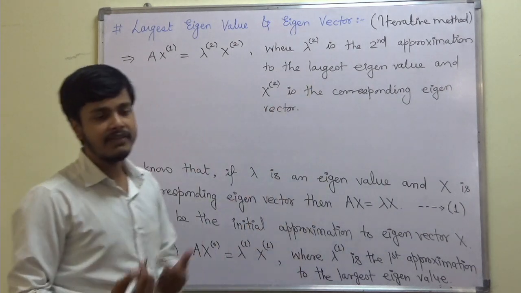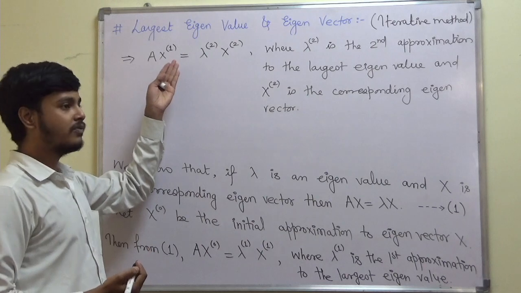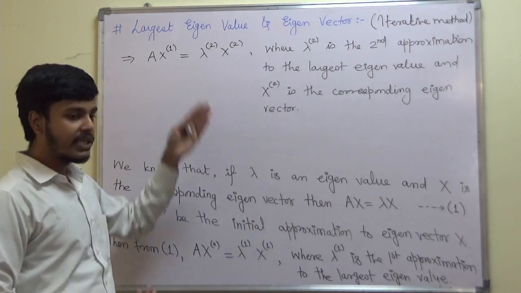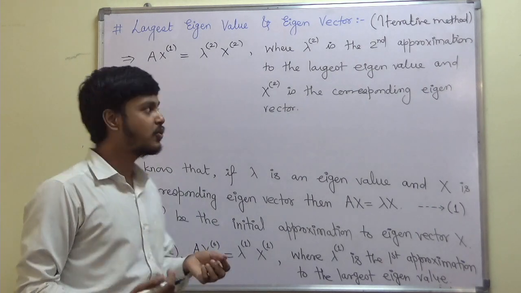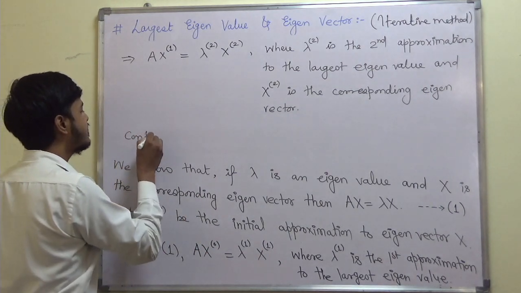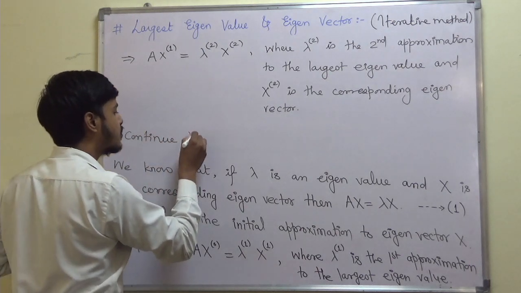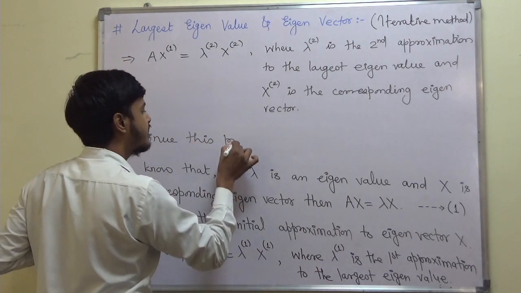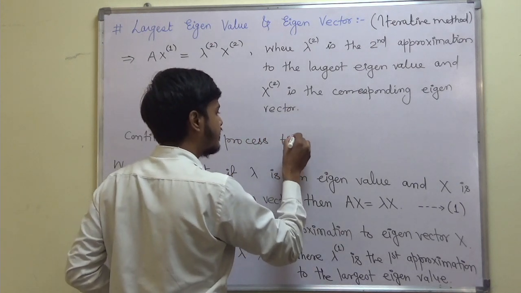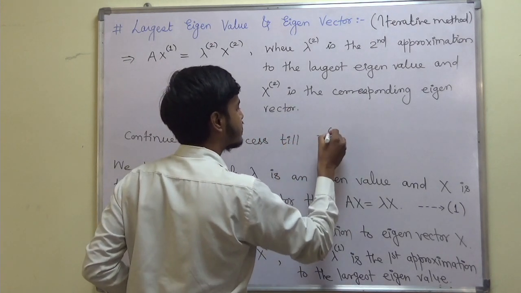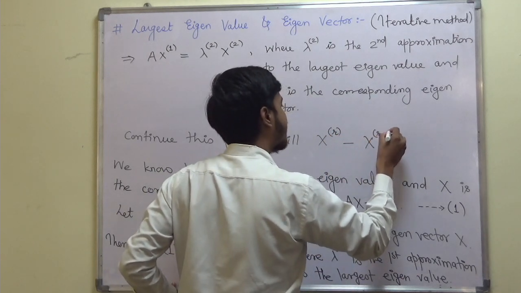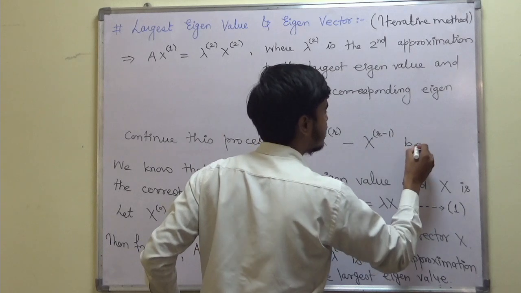Now you may arrive at a question: till when do we have to continue finding Ax1, Ax2, Ax3, Ax4 and so on? The answer is to continue this process till the difference between xr and xr minus 1 becomes negligible.